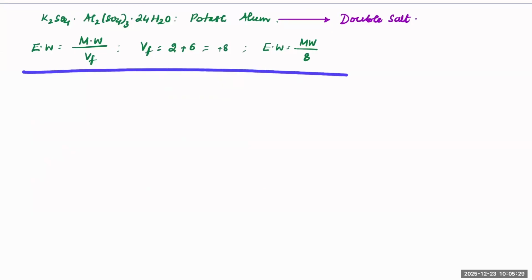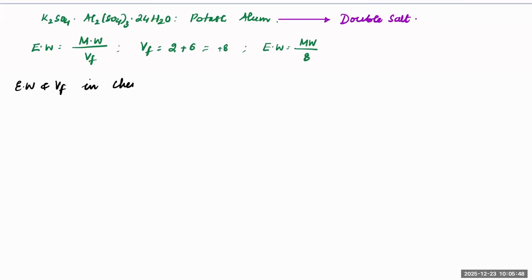We got an idea about how the equivalent weight works here, but equivalent weight can be subject to variation depending upon the chemical reactions also, right? So check out equivalent weight and valency factor in chemical reactions.